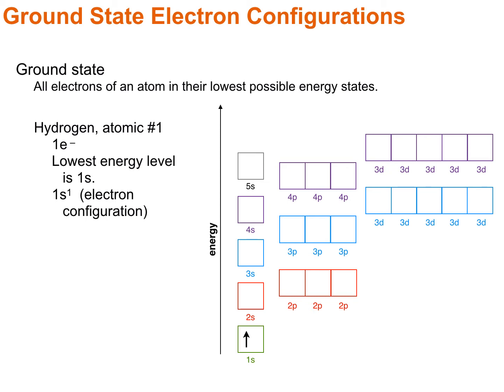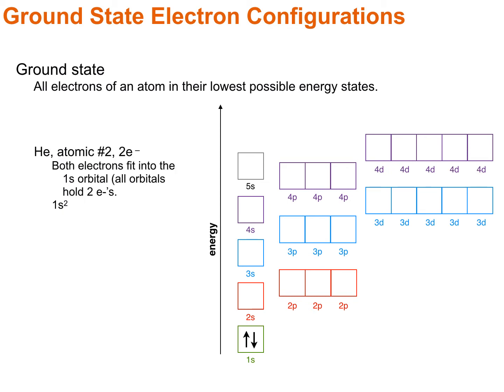So on the left, I have 1s1, that's the electron configuration for the hydrogen atom, and then on the right a single electron pointing up. Okay, so we jump over to the atom that has 2 electrons in its ground state, and that's helium.